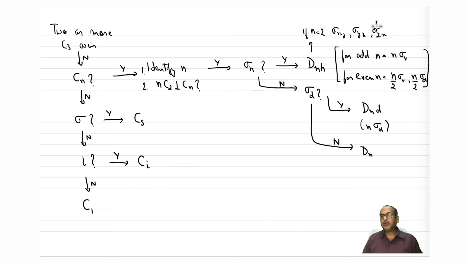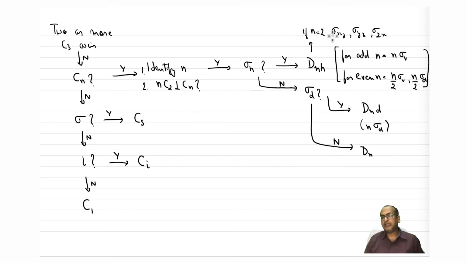Because it is not easy to identify which one you would call the principal axis. So which one would you call sigma h versus the two sigma v's, right? Ideally you should have one principal axis out of these three, but it is not always simple to identify which one is the principal axis. In certain cases, yes, you can do it, but in certain cases you cannot.